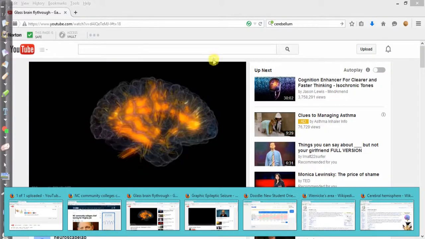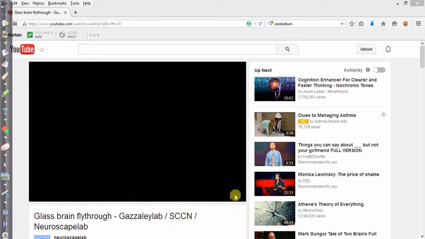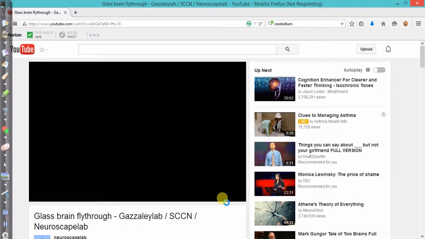And this is called the glass brain, which is basically a way of seeing inside the brain, and it would look like this when the brain is active. And here we go. Hang on. We're thinking about it.